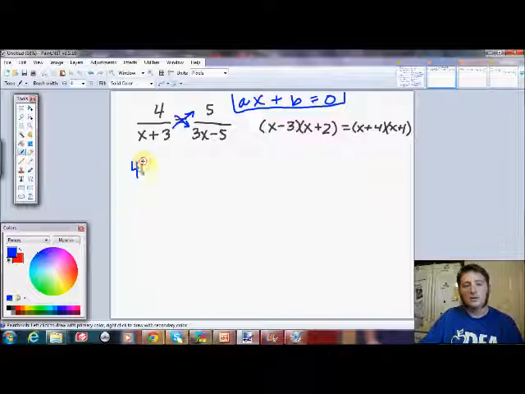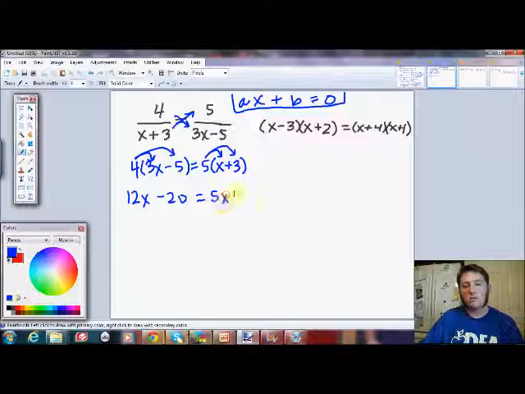So 4 times 3x minus 5 equals 5 times x plus 3. After you cross multiply, you actually get a less complicated version of this problem. This is like a problem that maybe has already been cross multiplied. We distribute the 4. 12x minus 20 equals, well, we distribute the 5 as well. 5x plus 15.